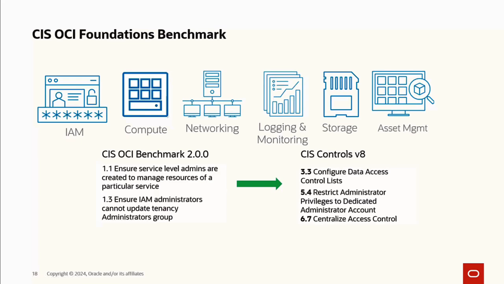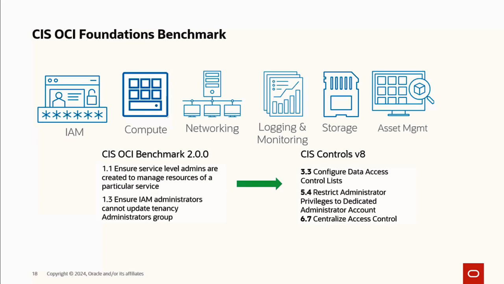And second thing is that it's a foundation for the many industry frameworks that we have out there, like PCI, like NIST or HIPAA and others, because you can essentially crosswalk the benchmark into the controls, and then from the controls, the CIS framework, you can crosswalk to these industry frameworks, right?